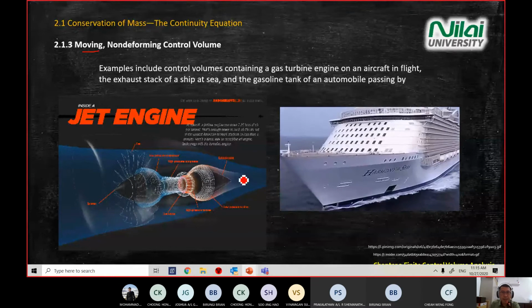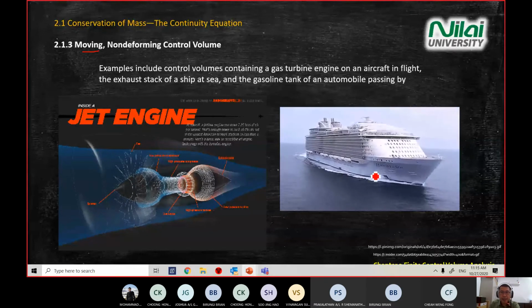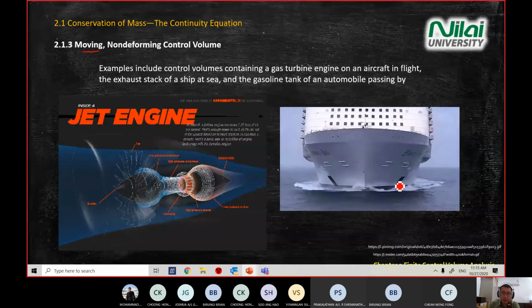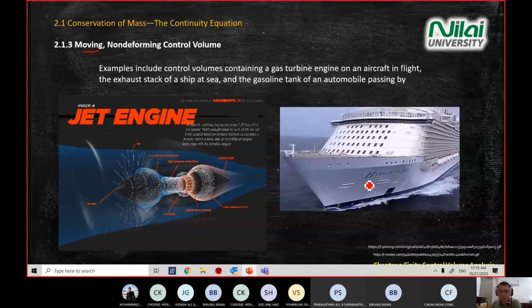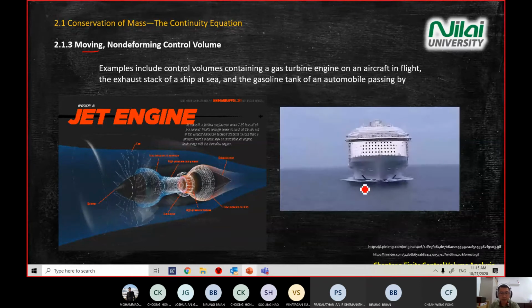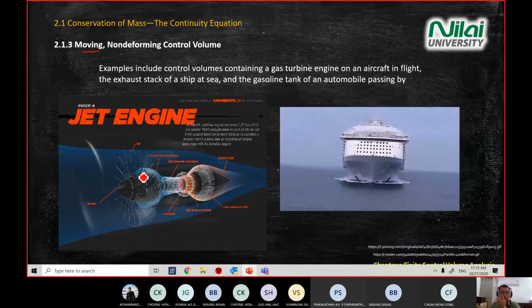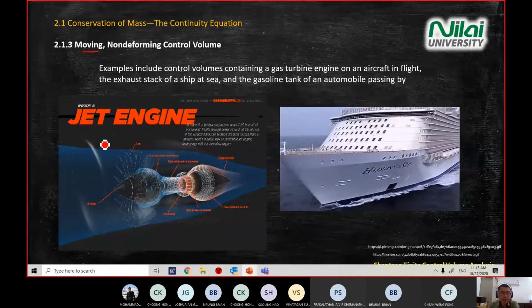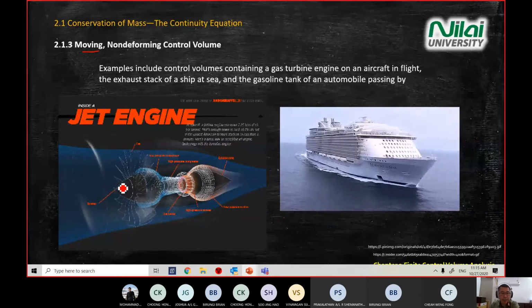And another one is the ship here, moving across the sea surface. It is easier to grasp the idea by looking at the aircraft jet engine.